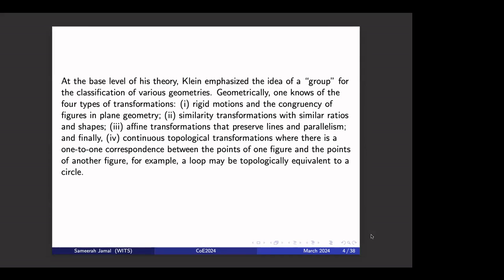Then you get the affine transformations that preserve lines and parallelism in differential geometry. And finally, you have topological transformations, which I don't deal with in detail and try to avoid as much as possible. This would be the one-to-one correspondence between the points of one figure and the points of another figure. So these are the various geometries that one encounters.